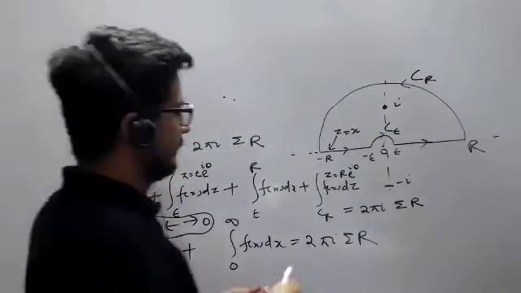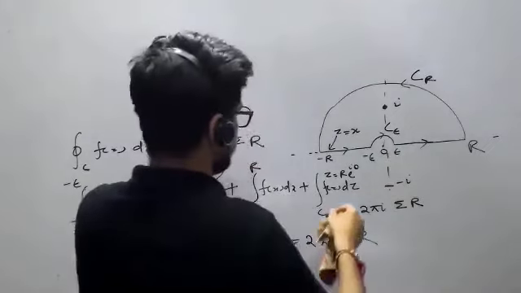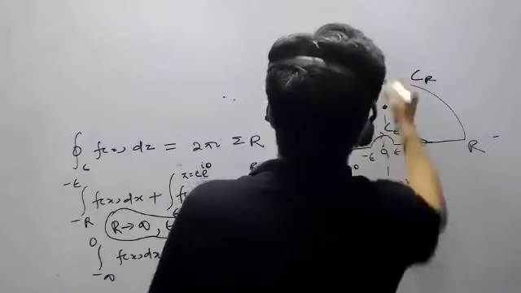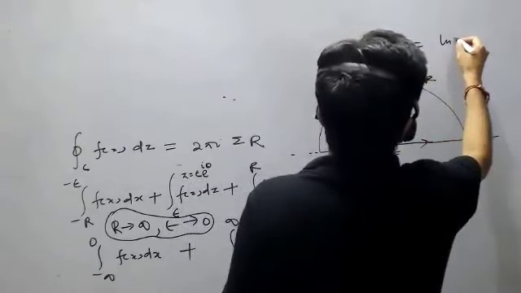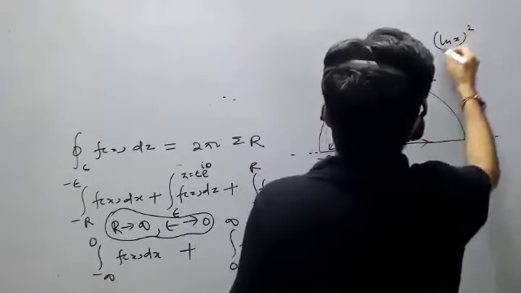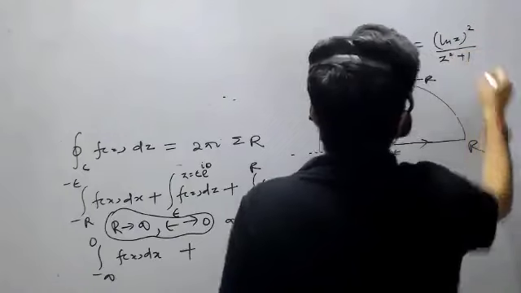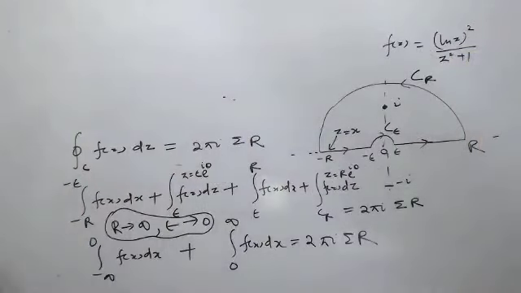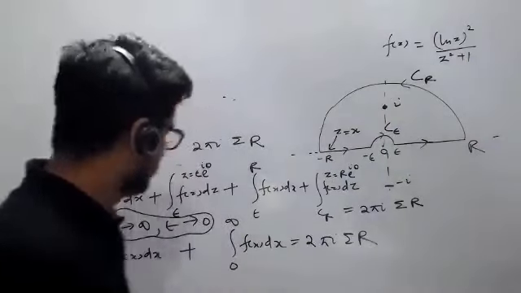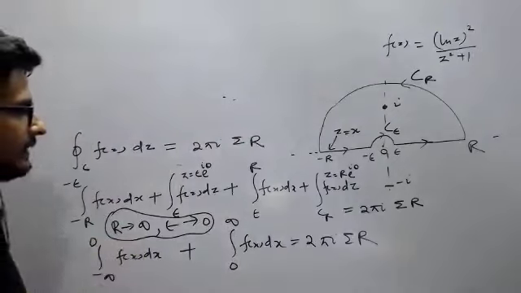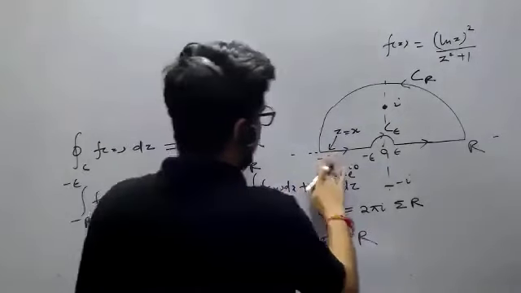And here I must write what is my f z. That was log of z square over z square plus 1, correct? That was my f z. So please let us see the right hand side, and because the limit of r is now infinity, I will write it like this.